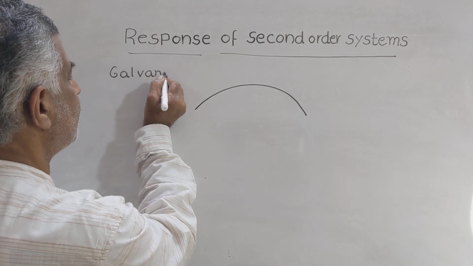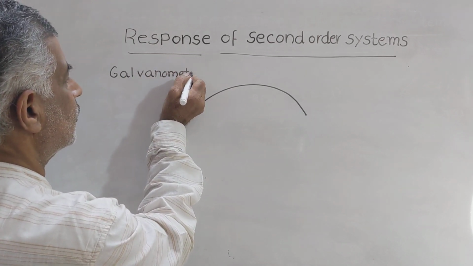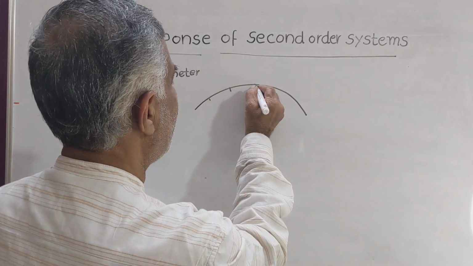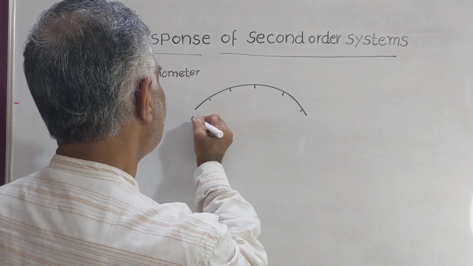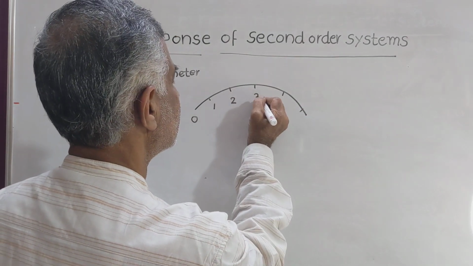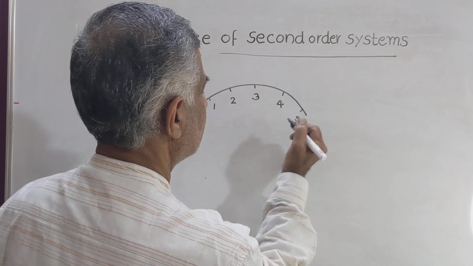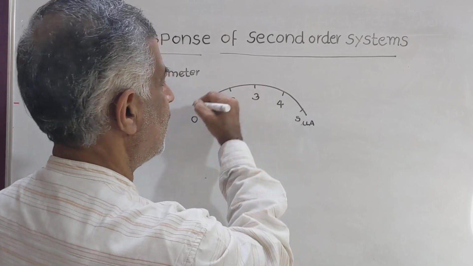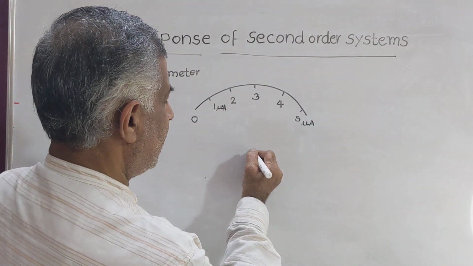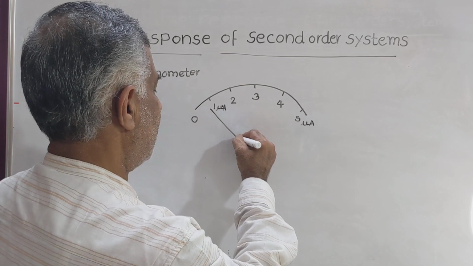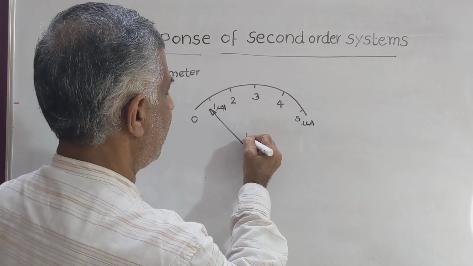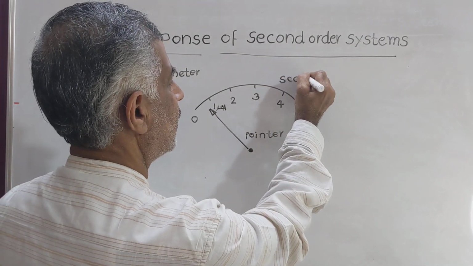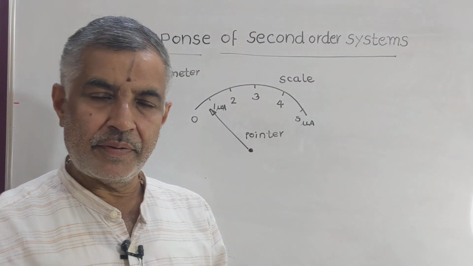Galvanometer will have a calibrated scale, and then microamperes, say, and it will have a pointer. This is pointer and this is scale. It is an indicating instrument.